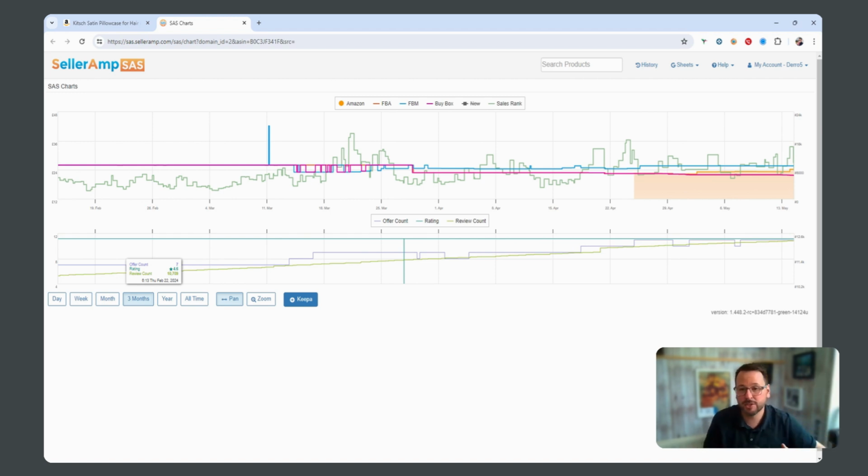Think of it like a music chart. The lower the number, the better the record, right? Everyone wants to be number 1 because that means you're the best in that category. It's the same. So rather than a line going up being good, on these charts, it's a line going down that's good. And you want activity. Now, this green line, when you see it dip, it represents sales.